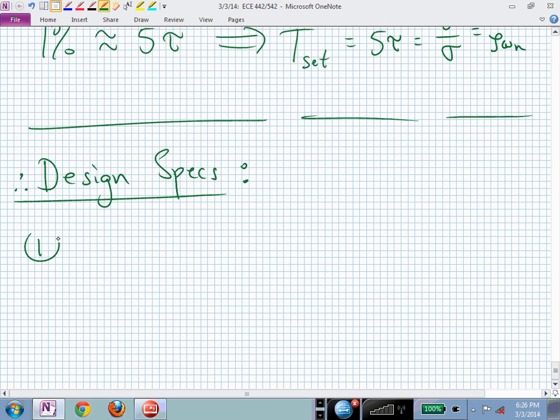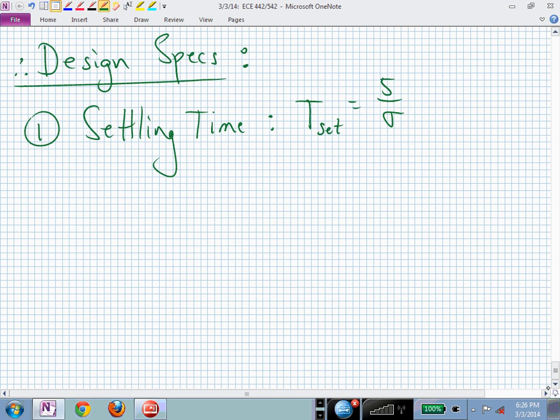We could do our settling time, which now says that if we solve that for sigma, we have 5 divided by t settle.